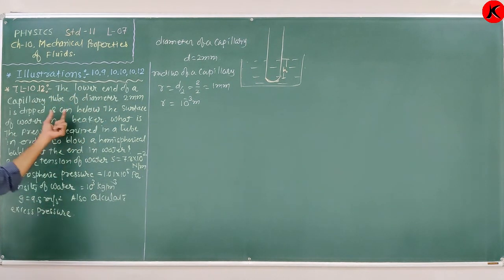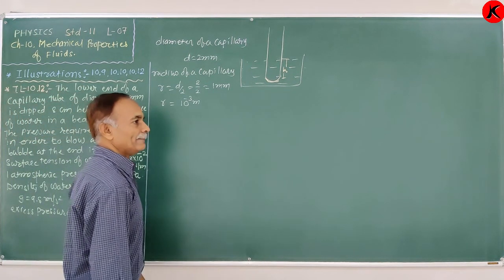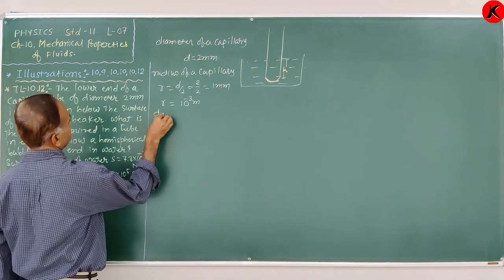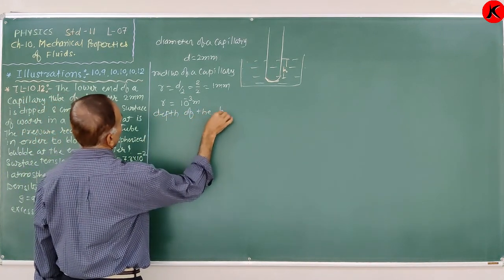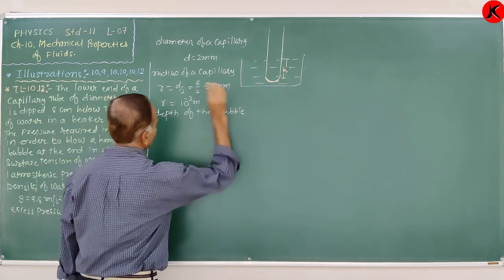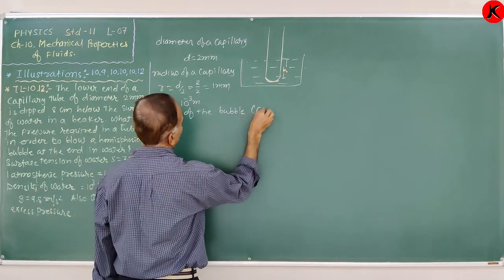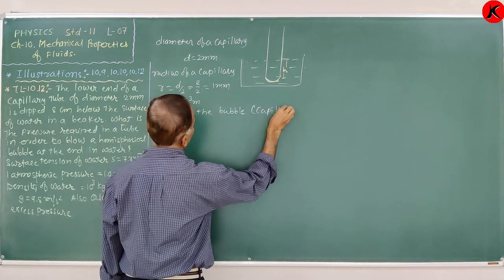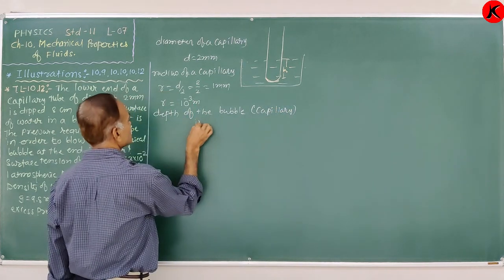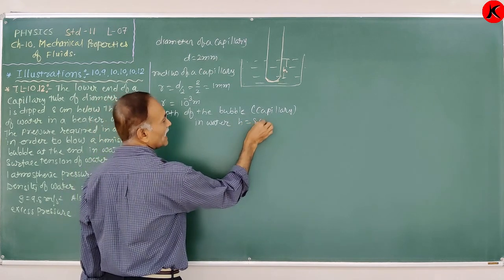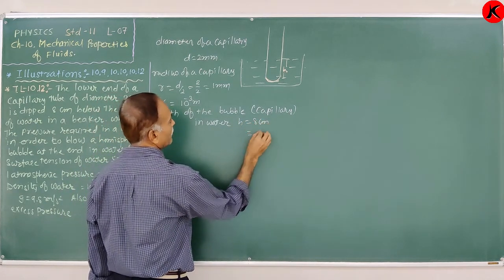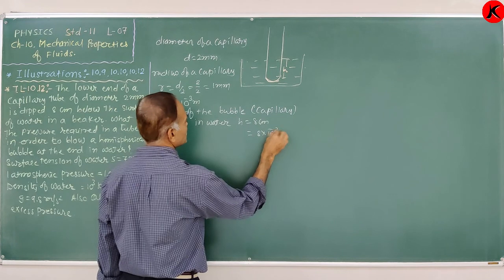Now, the depth of a capillary is given as H. That means the depth of the bubble, depth of the bubble or capillary in water is given as H is equal to 8 centimeter. Therefore, 8 into 10 to the power minus 2 meter.